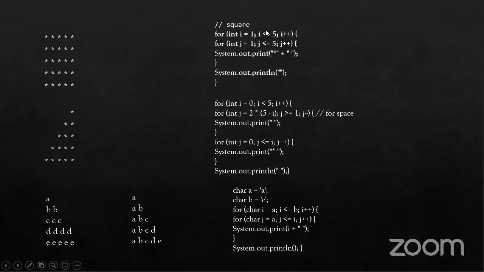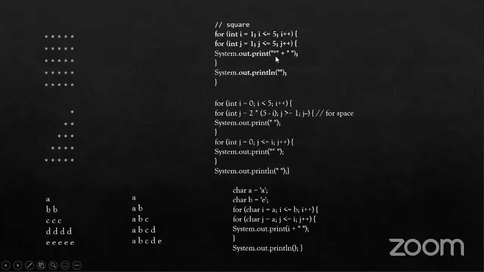Okay, so here I have given I equal to 1, and I have 5 columns, right? So I've given I less than or equal to 5, and for the row part also I have 5 rows, so j equal to 1, j less than or equal to 5, or we can give j less than or equal to I, because both are the same, right?